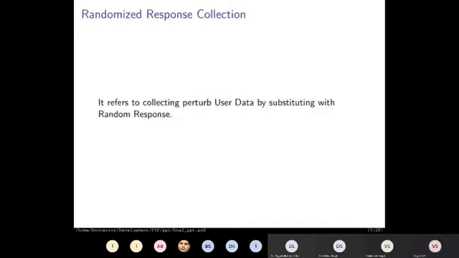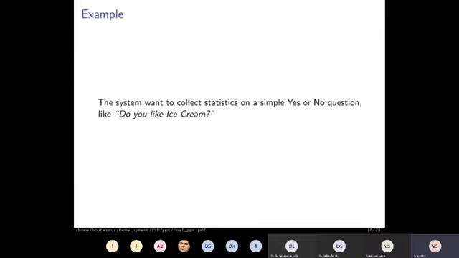So the major components involved in this system are, the first is something called randomized response collection. So the idea of randomized response collection is, let's say for a question, the true answer could be only one identifiable answer, but my system will randomly change that answer and submit it to the analytics system. An example would be a question, like, do you like ice cream?